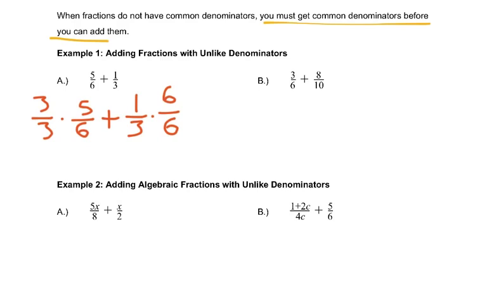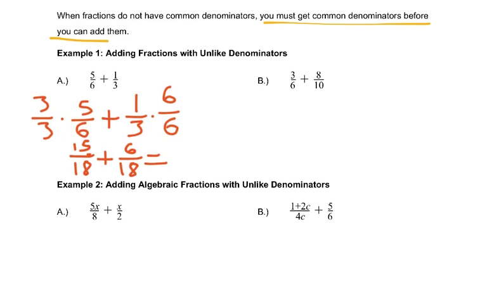So this trick is going to get us common denominators because the first one we have 3 over 3 times 5 over 6, so 3 times 5 is 15, and then 3 times 6 is 18, so we get 18 as the denominator. And the second one we're going to get the same denominator because we're multiplying 3 times 6. So on top 1 times 6 is 6, and then 3 times 6, 18, and voila, common denominators, 18s.